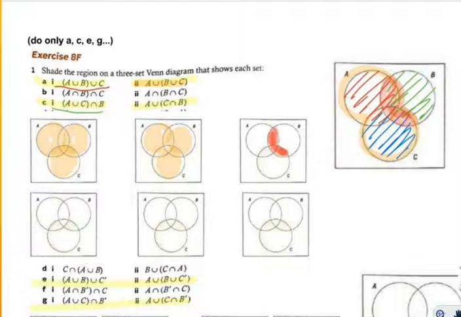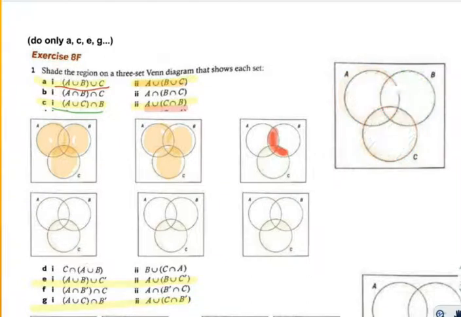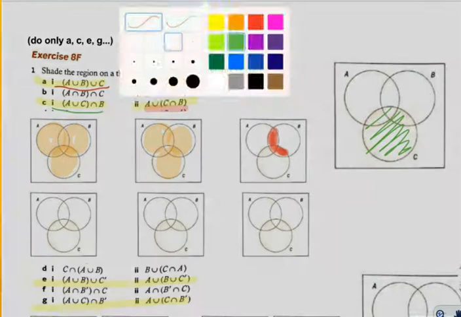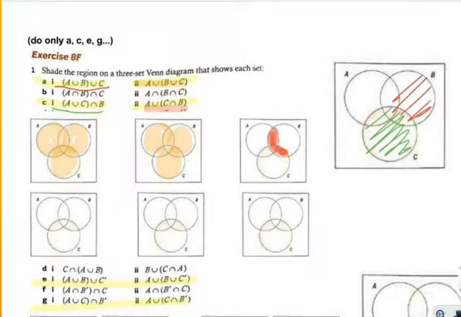Okay, then moving on. What if we did the C intersect B first? Would that be different? Let's see, C intersect B would just be this part here, right?